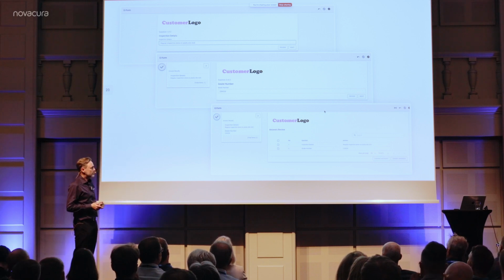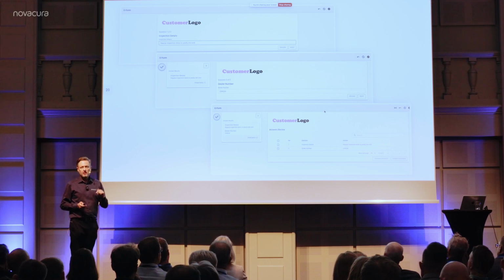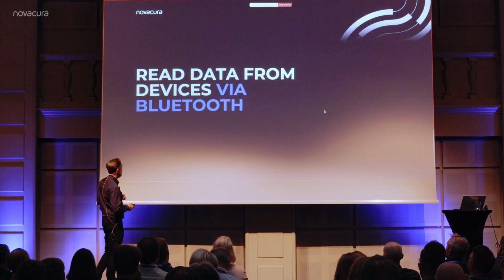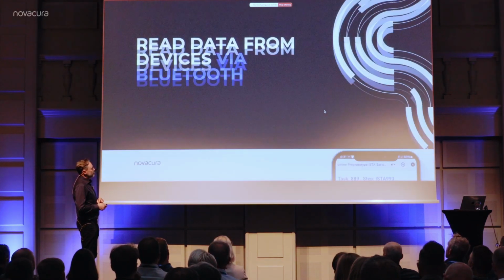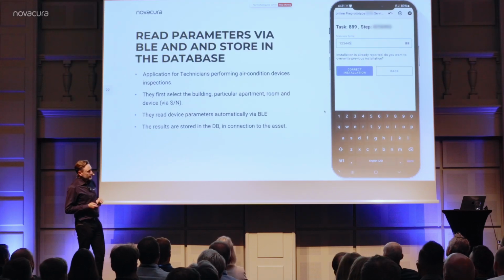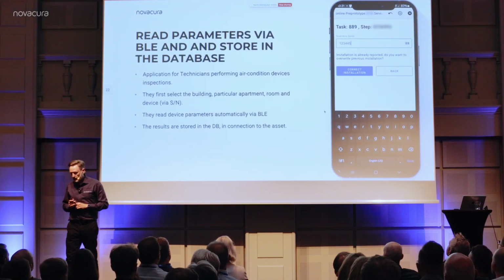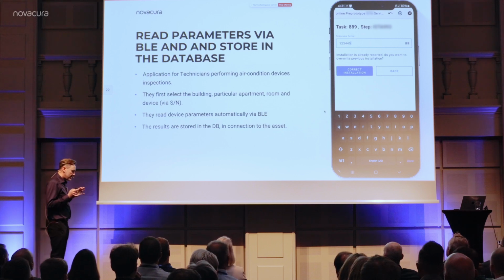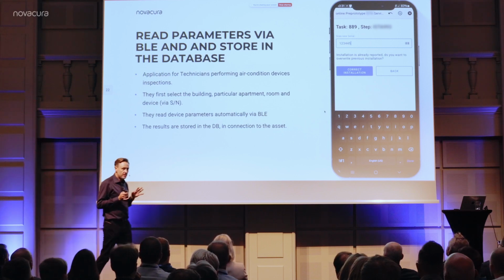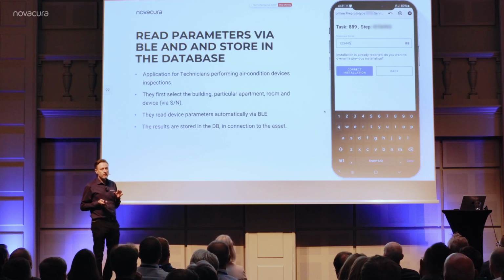So this is the summary screen, and then they submit it and it lands in dedicated objects in the ERP system. Another example, this will be simple to explain, and I have a recorded animation here. Imagine a company that maintains air conditioning equipment.